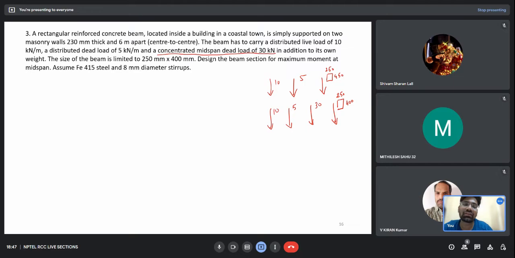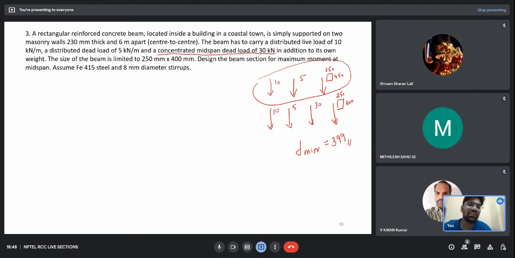What does that mean? It simply means there can be chances that we will have to design a doubly reinforced beam. Because d minimum which we got from that problem was around, can anyone of you remember, I think 350 or 399, something like that. So we designed it for that load, but now we have some extra load and the cross section is also reduced.